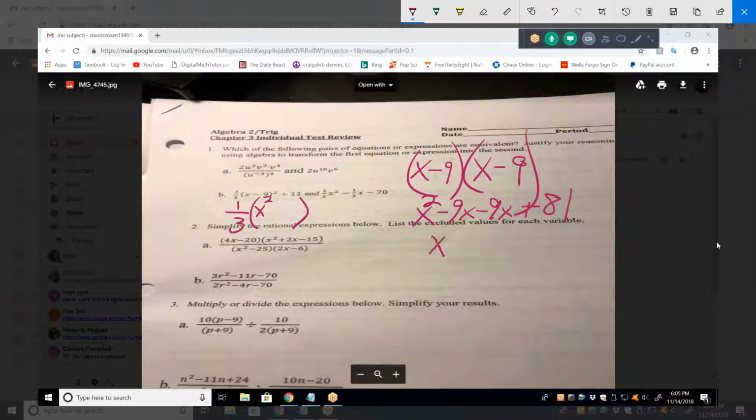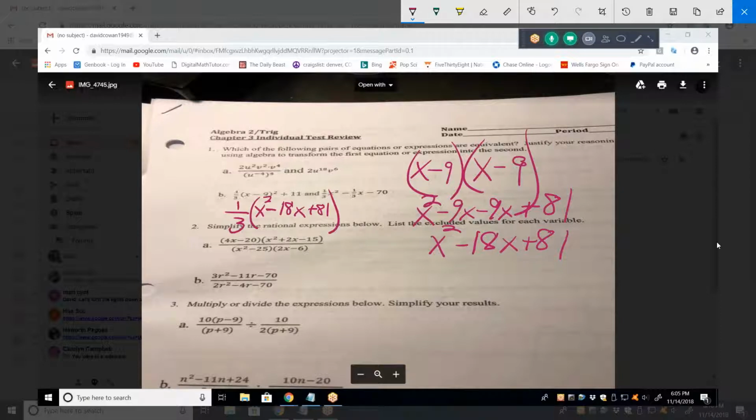So this in the parentheses becomes that after you square it. Oh, okay. So let me write that in there. Here, it's x squared minus 18x plus 81.